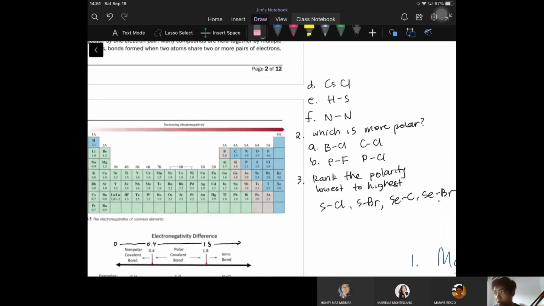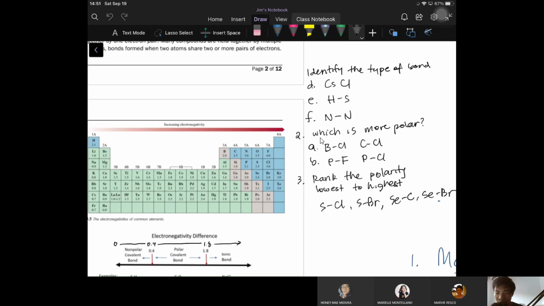Ang gagawin nyo lang dito, the task is to identify the difference ng electronegativity and identify the type of bond. Tatlo lang naman yan. It could be non-polar covalent, polar covalent, or ionic bond. Kunin mo lang yung difference, then check nyo dito sa table.